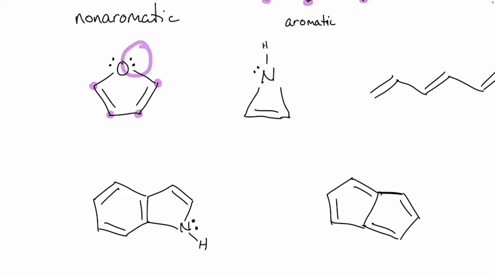If it participates in the ring, it would only do so if that makes it aromatic, right? So in this case, we already have 1, 2 pairs of electrons. So if that lone pair participates, that would indeed bring me to 3. So it's going to put them in a p orbital. So this compound is aromatic.